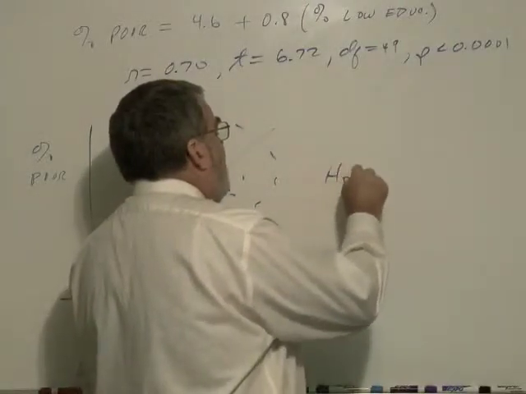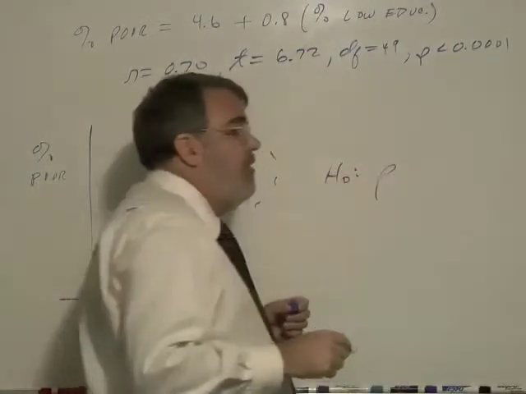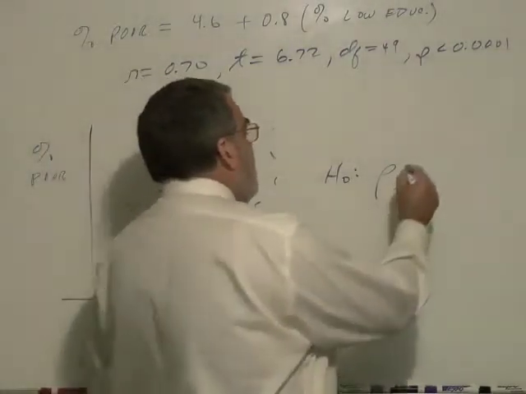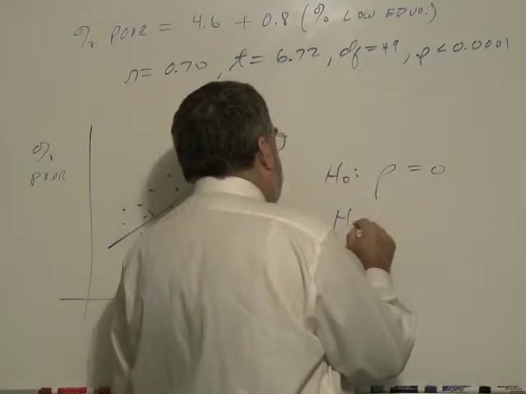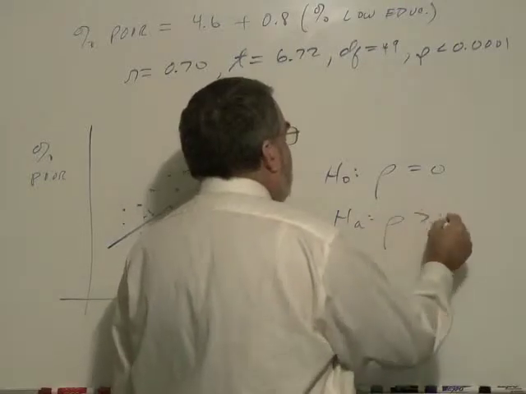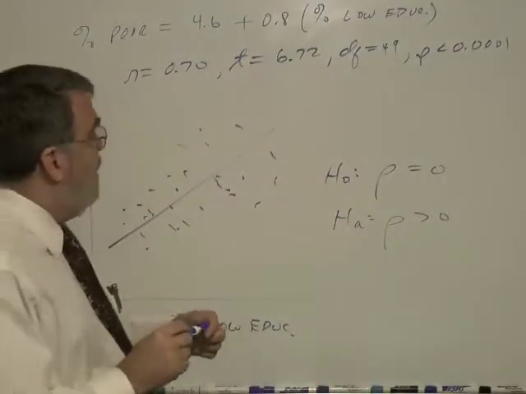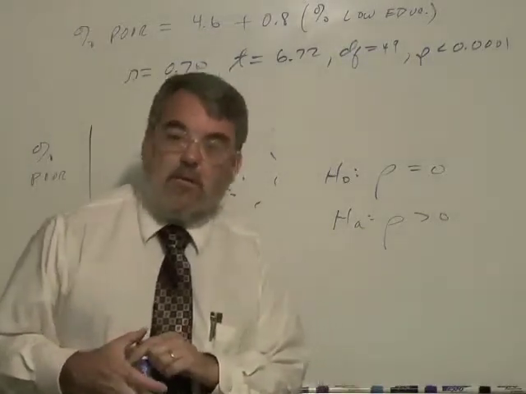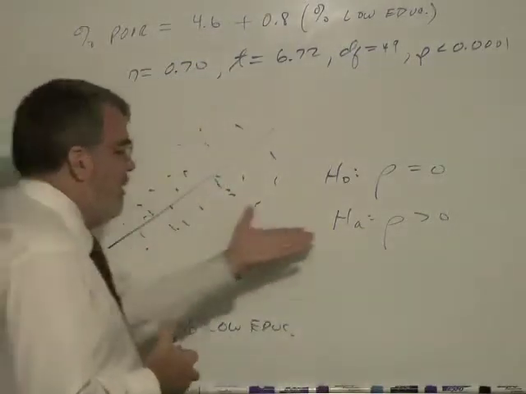The null hypothesis is that the population correlation coefficient, Greek letter rho, is equal to 0. The alternative in this case would be that it's greater than 0, because that's what we observed. We observed a sample correlation greater than 0.